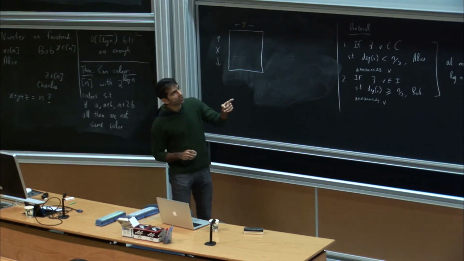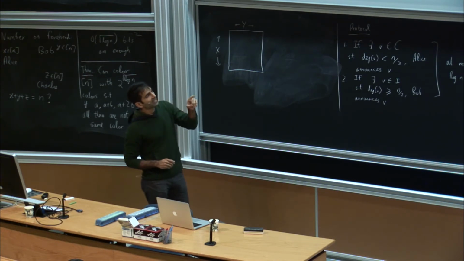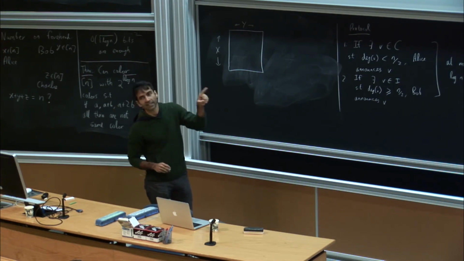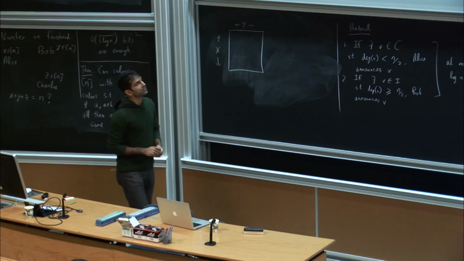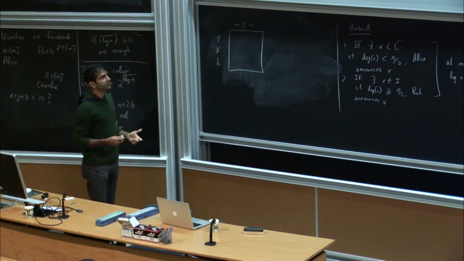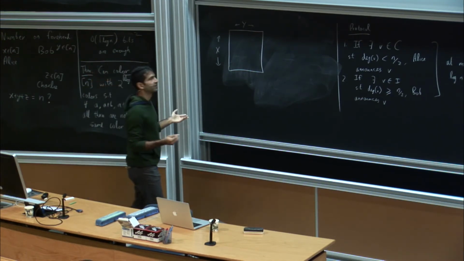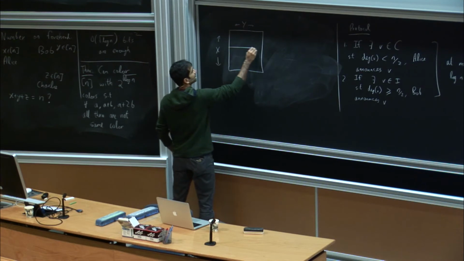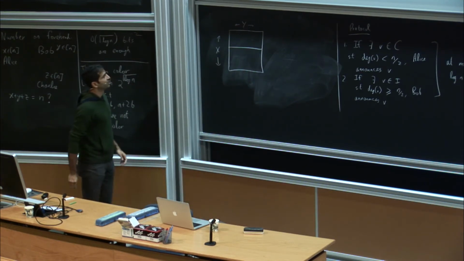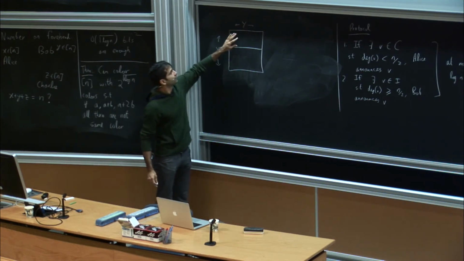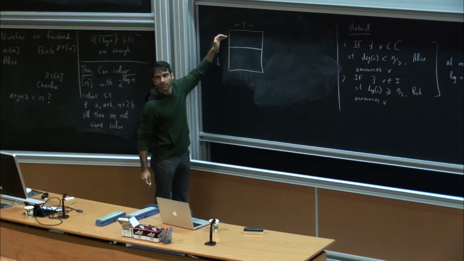Now, what does the protocol do? Let's say Alice's first function is f. What that corresponds to is a partition of the rows into two sets, those that get mapped to 0 and those that get mapped to 1. Imagine that this is that partition. For all of these rows, Alice will send a 0, and for all of these, Alice will send a 1.